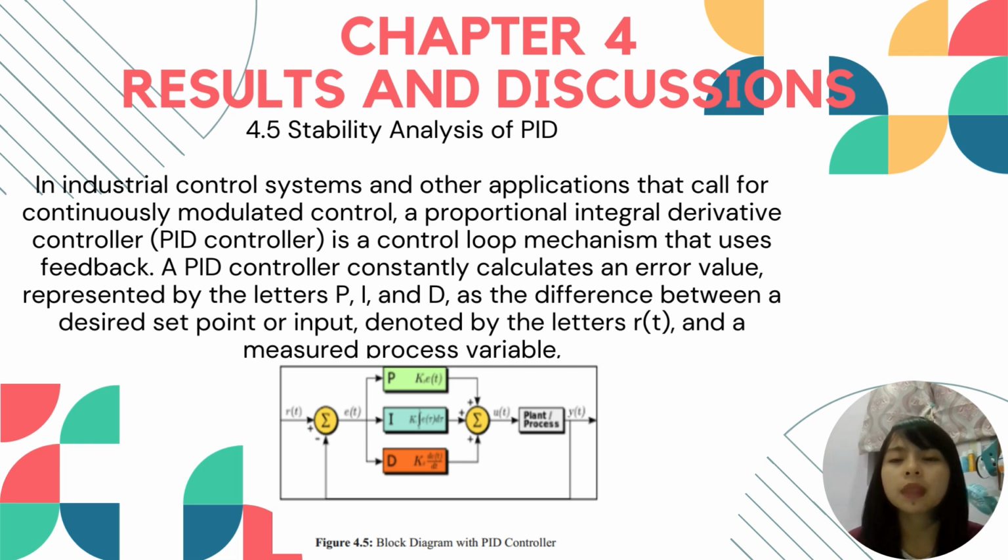A PID controller constantly calculates an error value as the difference between a desired set point, denoted by r(t), and a measured process variable. This is the block diagram of the PID controller. That's all for me. Thank you.